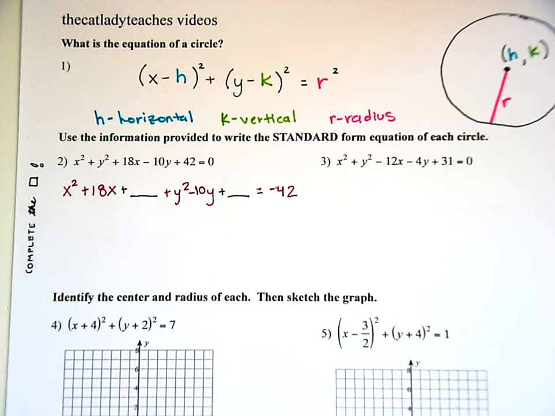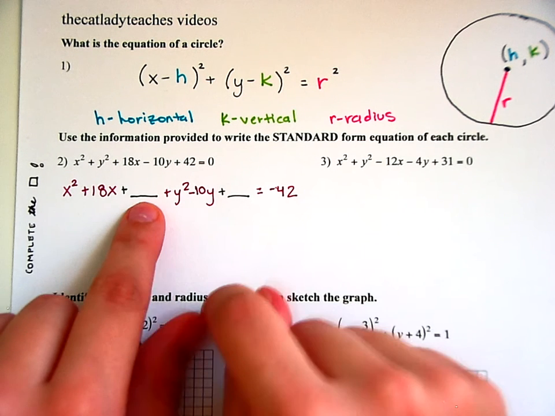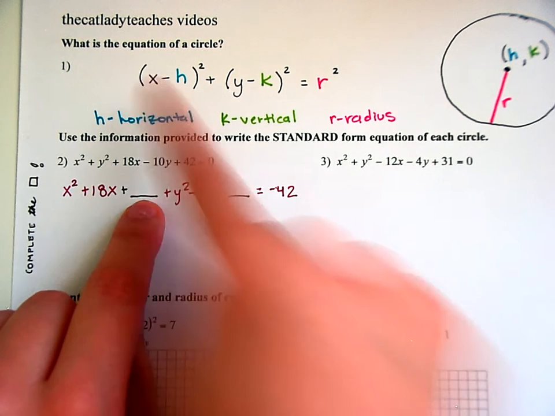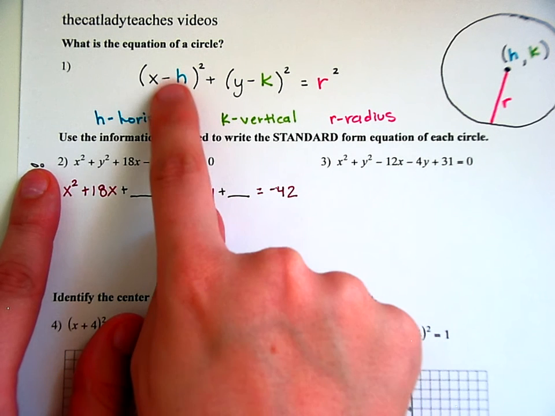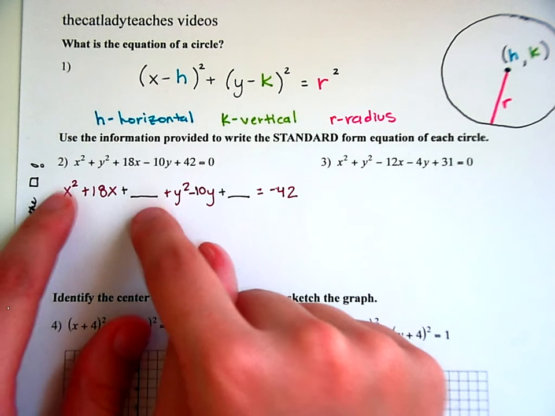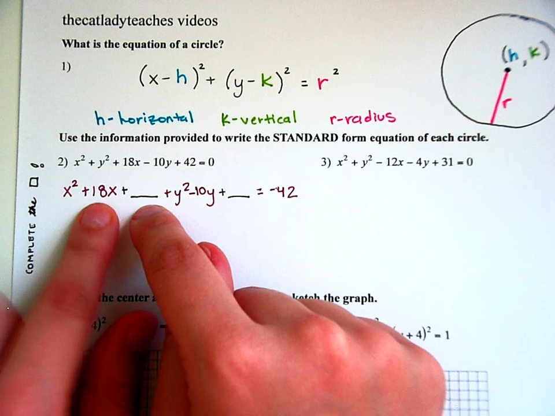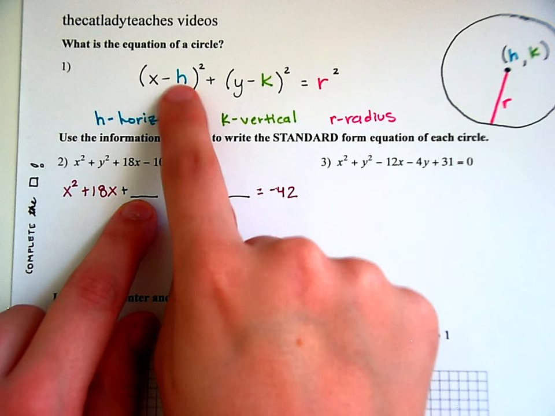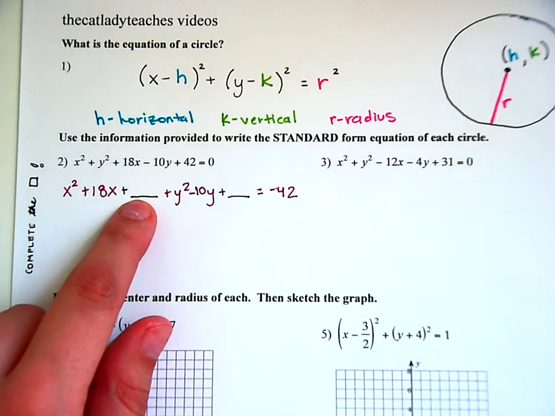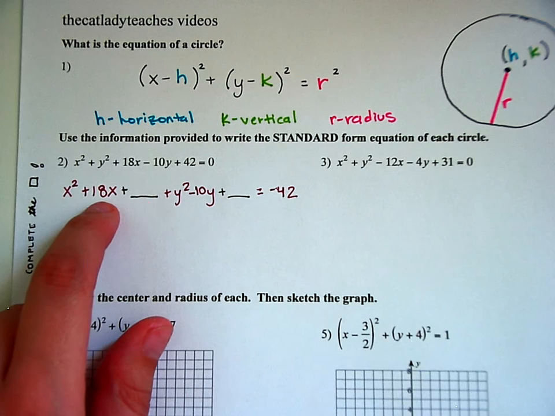Now what I want to do is find out what value I can put here so that I can factor this piece, just this piece, to make it look like one of these. And this would be like our guess and check method. So I want to know what number here do my two values, my two h values, multiply to, but add to 18.